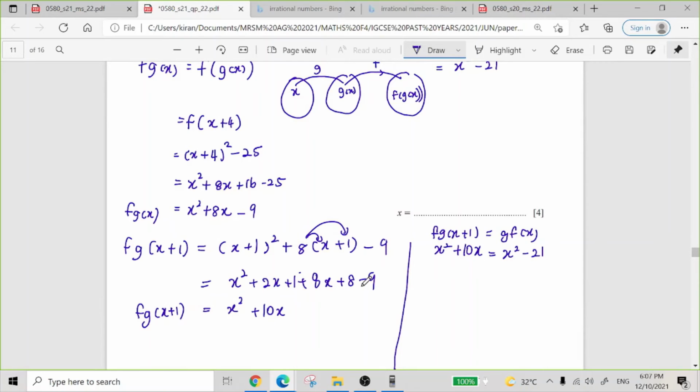So we rearrange, and when we bring x squared across it is subtracted, so it disappears. So 10x equals negative 21. So x will be negative 21 over 10, or negative 2.1.